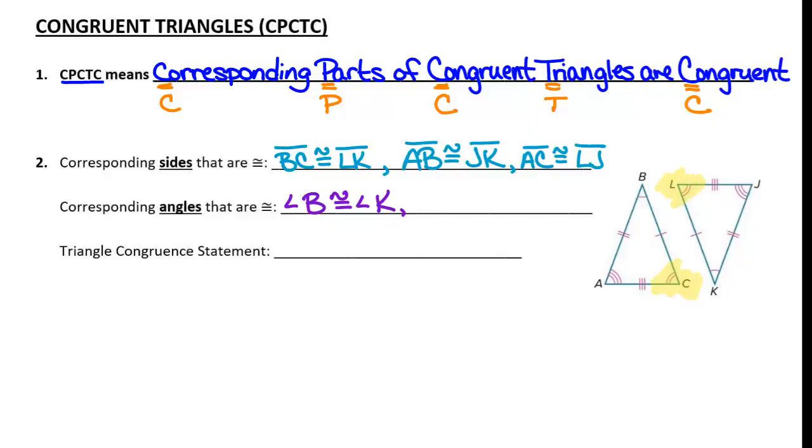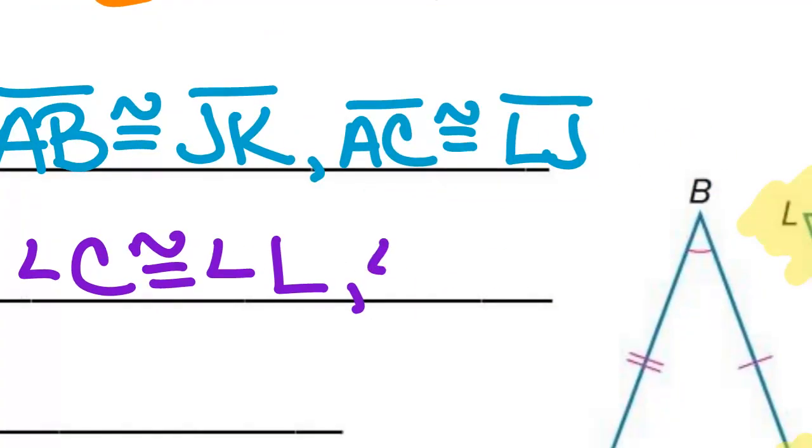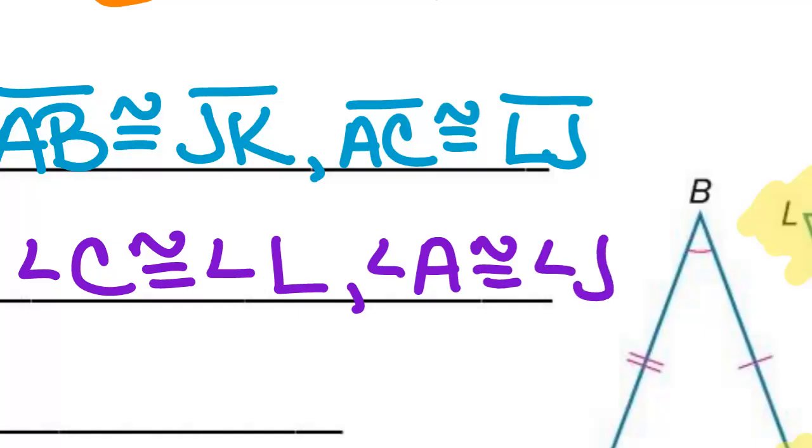L. 2 congruence marks, 2 congruence marks. So angle C is congruent to angle L. And then what would the last pair of corresponding congruent angles be? A and J. Angle A is congruent to angle J.